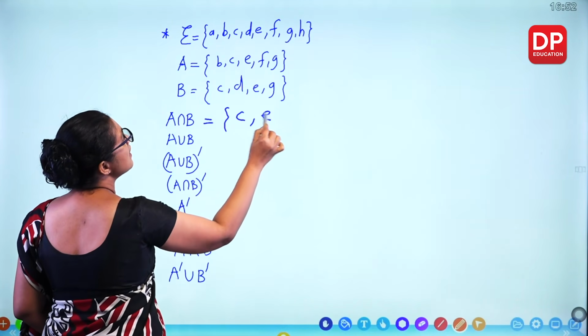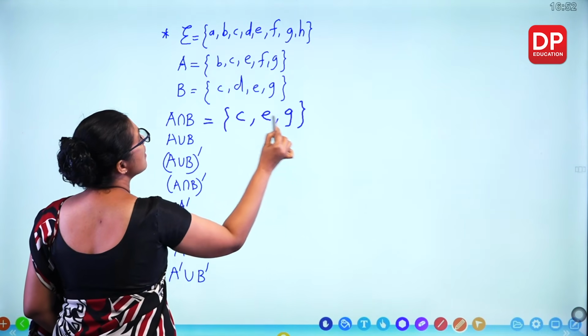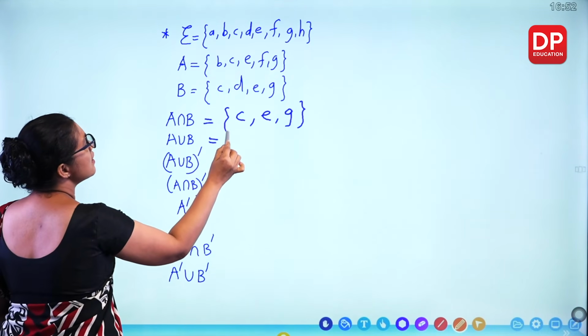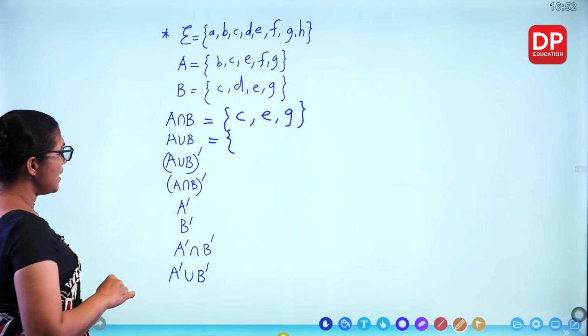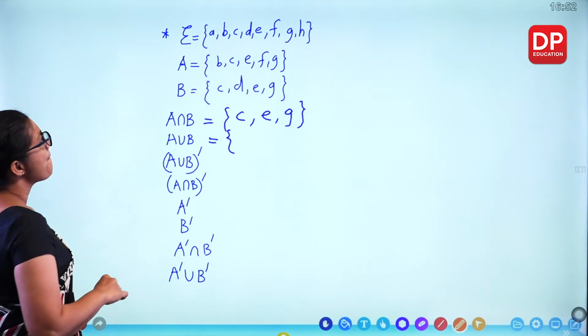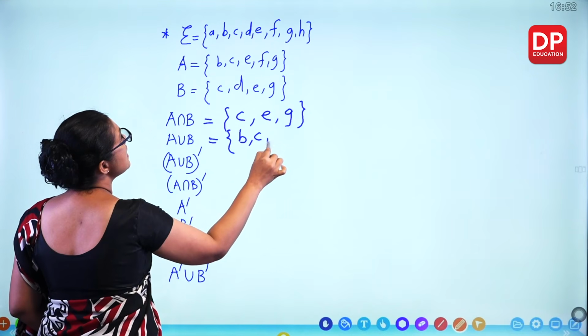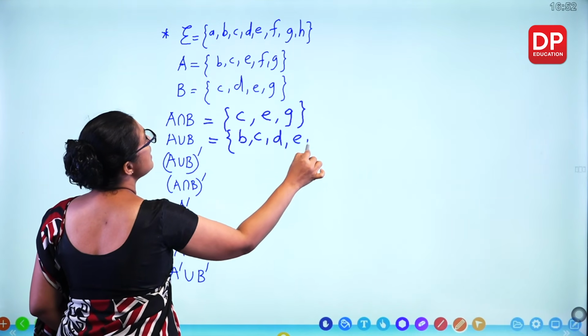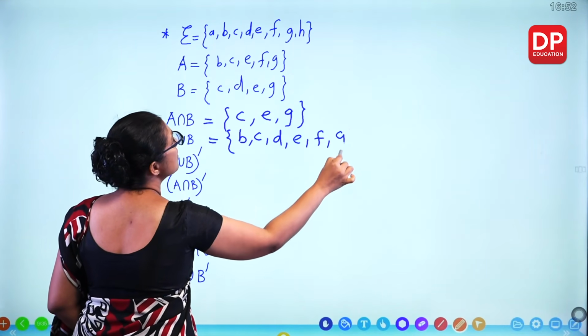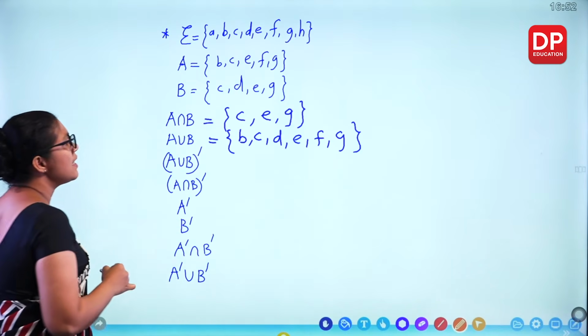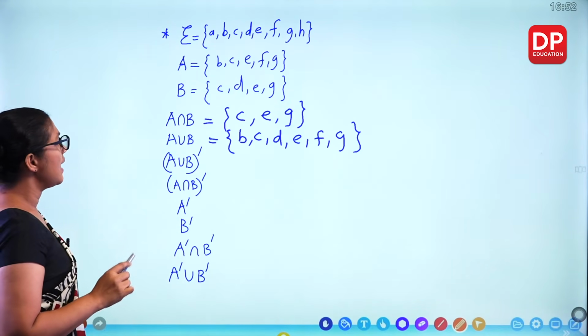E, G. Union? For union, you have to write everything. Everything in A, B, C, D, E, F, G. Everything in B and A.